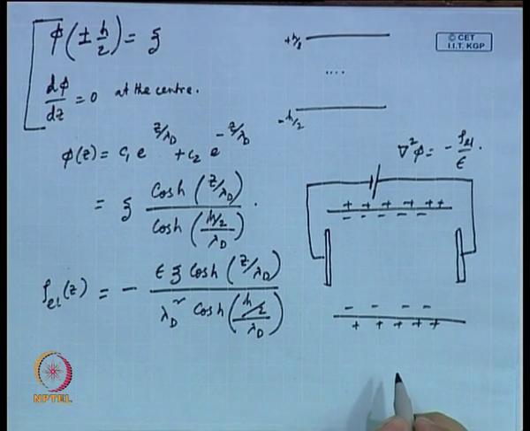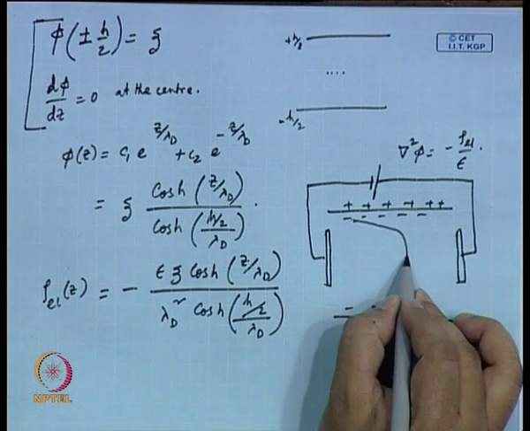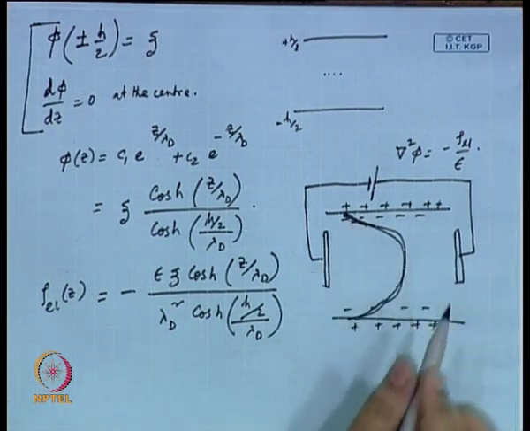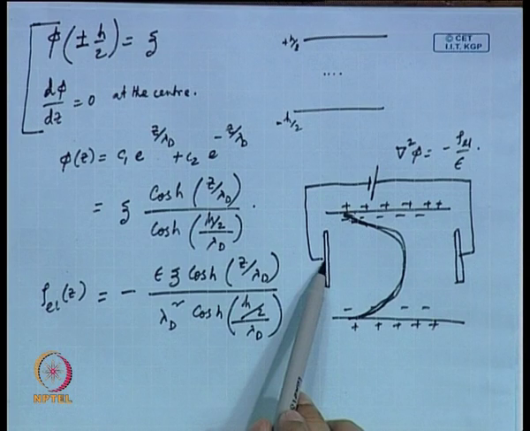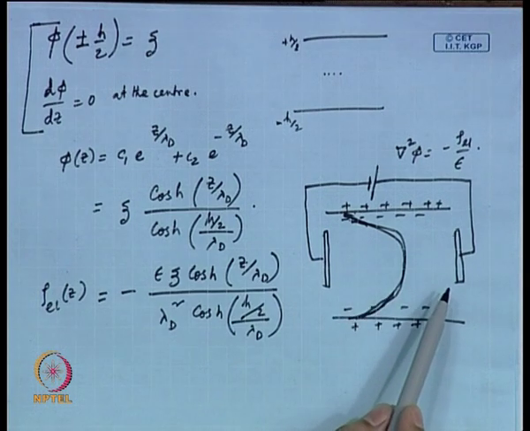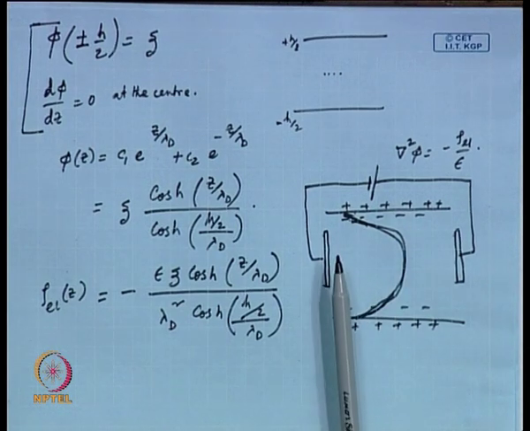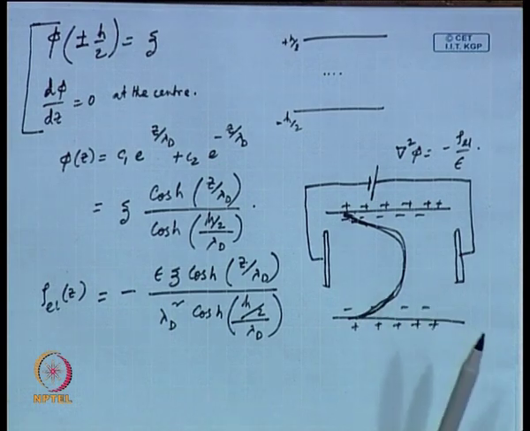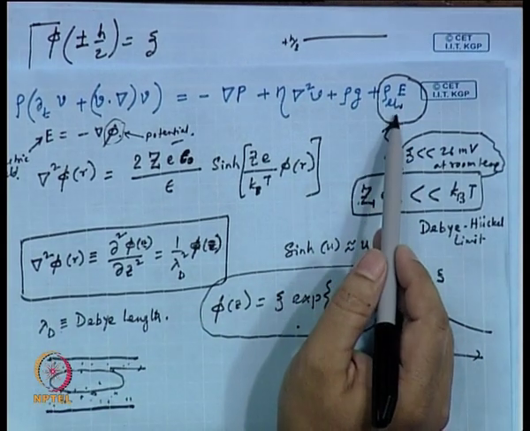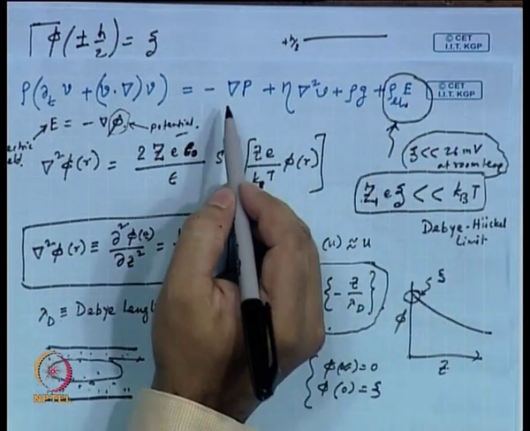Now, if we are interested here in a velocity profile, if we would like to know what would be the velocity profile because of the presence of these electrodes, because electrodes are required to create a potential gradient, and because of this potential gradient we expect that a flow will take place, because we will have this term appearing, rho EL into E. This becomes instrumental, and so there would be a velocity even if there is no pressure gradient.